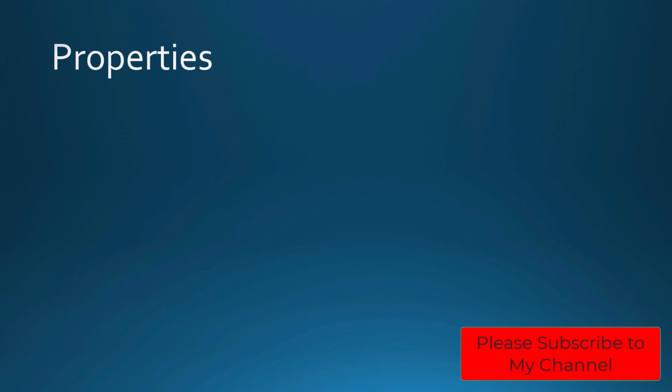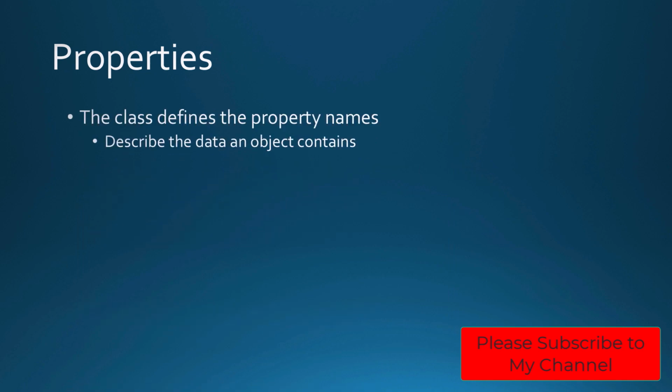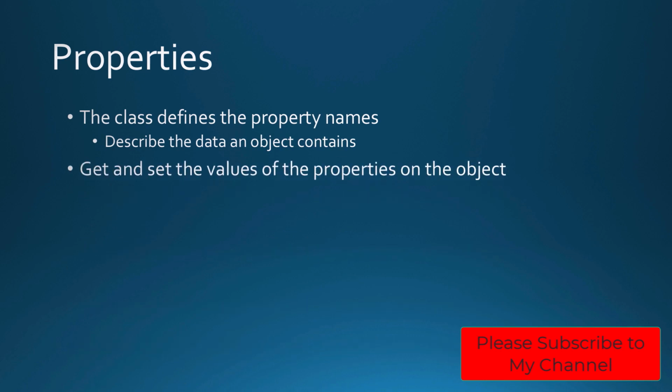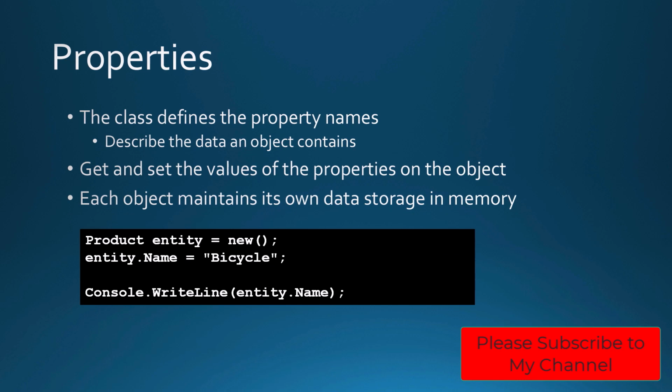Now properties are very important to classes. Classes define the property names, and that describes the data an object contains. And we can get and we can set the values of those properties on the individual objects at runtime. Now each object maintains its own data storage and memory. For example, Product entity equals new.